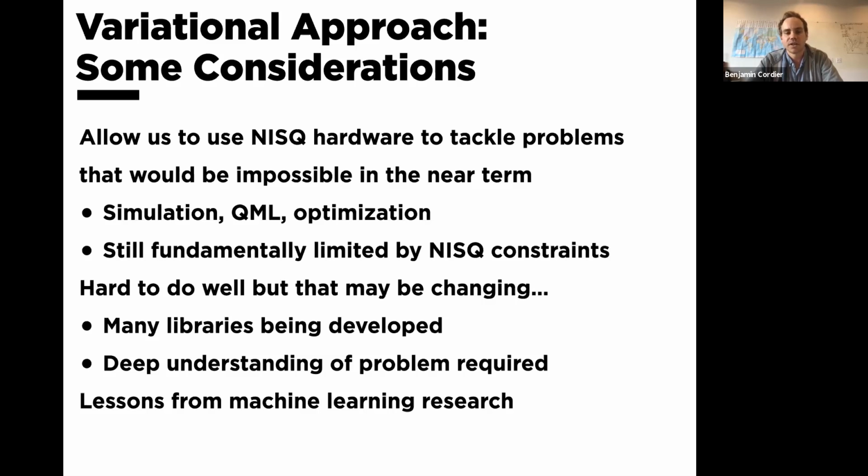So if people want to develop these variational approaches, we think that interdisciplinary collaborations will go a long way to bringing this into the domain sooner. There are also some lessons from machine learning research, but that goes into the weeds, and I won't talk about that.